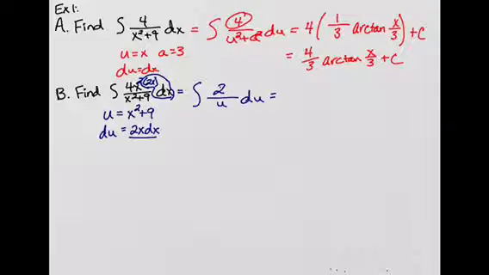So then when I go to anti-differentiate this, I get 2 times the natural log of the absolute value of u plus c. And then I go substitute in my u value, which was x squared plus 9. So for my final answer, I get 2 times the natural log of the absolute value of x squared plus 9 plus c.